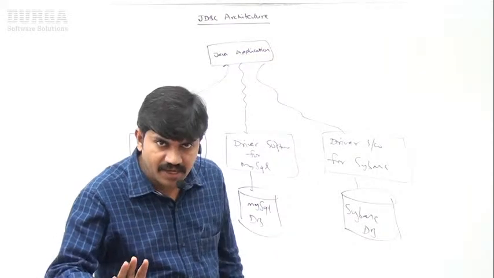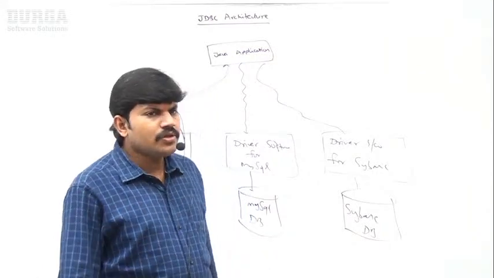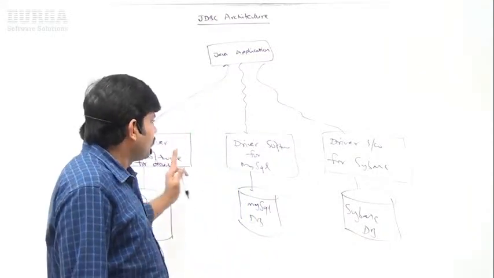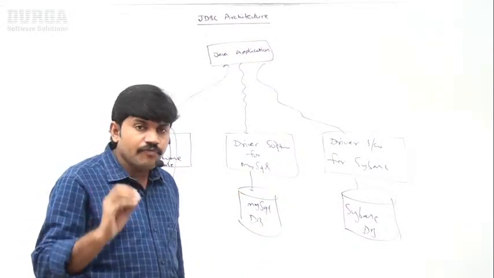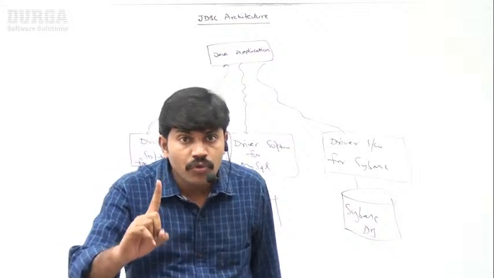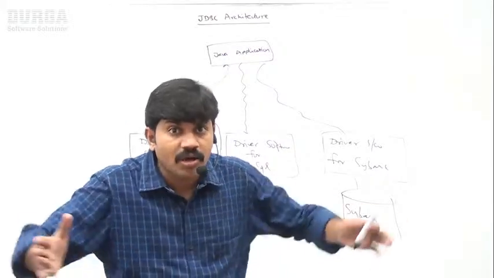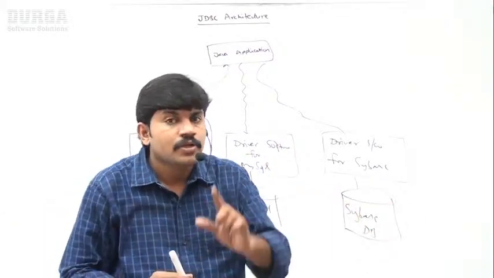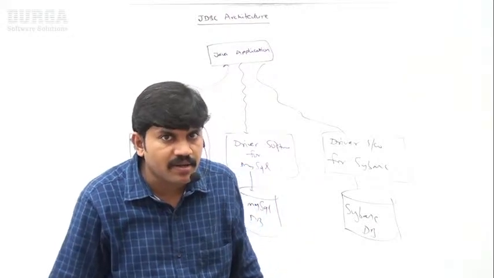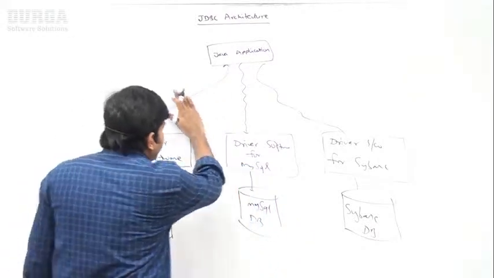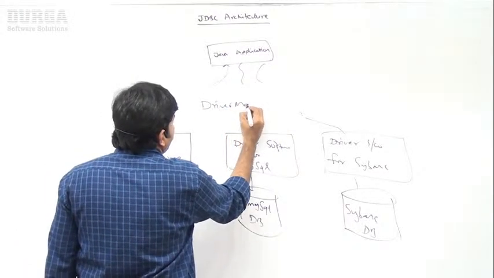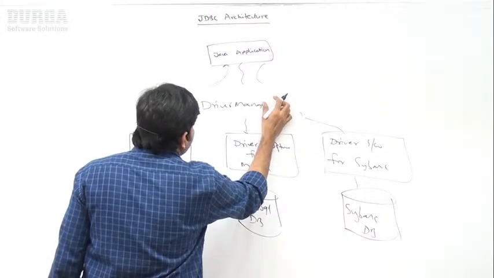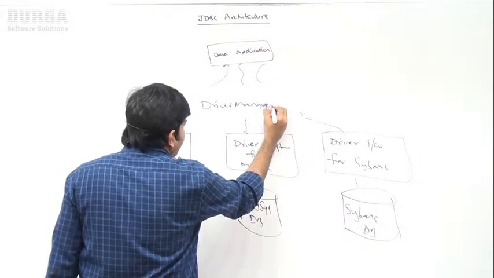Up to this it is clear, right? Usually in our system, maybe multiple drivers are there. If multiple drivers are there, who is responsible to manage all these database drivers? There should be some component required or not? Yes, that component is the driver manager.